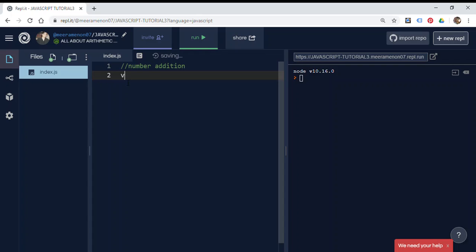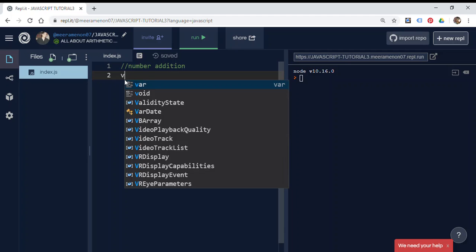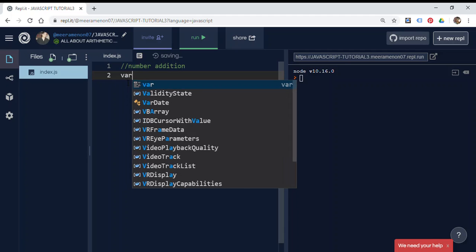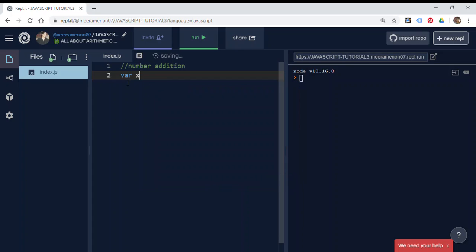We've already talked about variables, so we take a variable x. Let's give it a value of 5. Let's take another variable y. Let's give it a value of 7. Let's try to add them up.